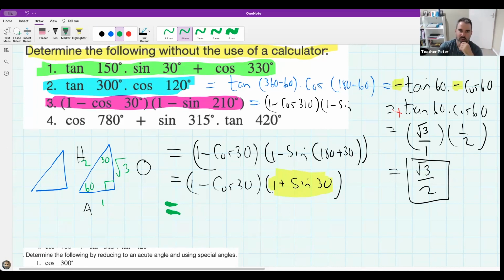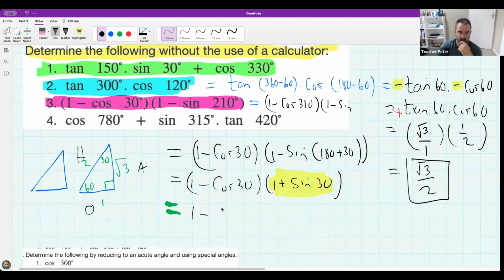Okay, so now to finish this off, we need 1 minus the cos of 30. I have to be careful here because my O is going to be in a different place and my A is going to be in a different place.